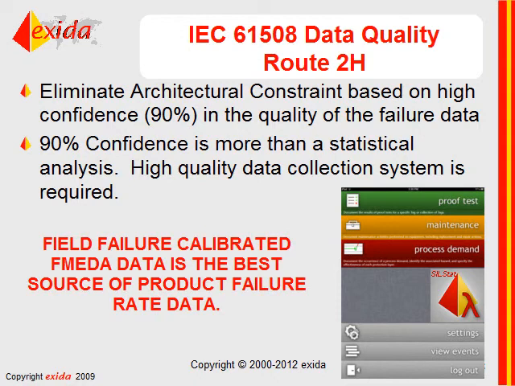Now, the standard talks about 90% confidence, but it's a lot more than just use of a confidence interval in statistical analysis. It's really, do you have full confidence that the data collected is high quality? That's the essence of Route 2H.